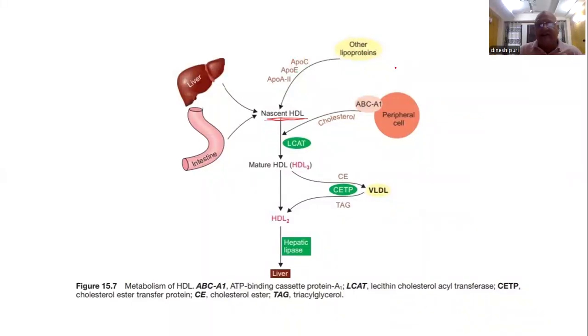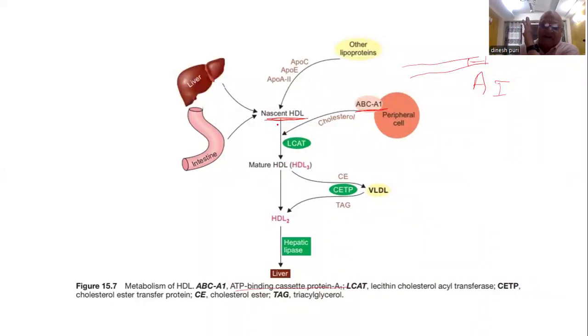Nascent HDL is nothing but a phospholipid bilayer with apoprotein E1 at the edge. After it obtains other apolipoproteins, and obtains cholesterol with the help of a protein called ABCA1, ATP binding cassette protein A1, as cholesterol comes inside it, it will be converted to the mature form of HDL.